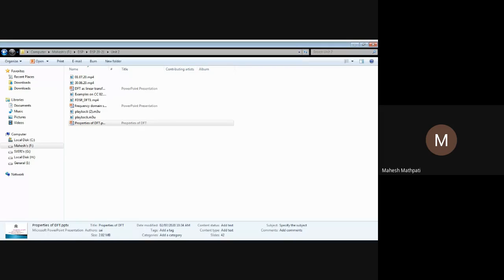I'll repeat the question. x of n equals 2 delta of n plus delta of n minus 1 plus delta of n minus 3. Find the sequence.